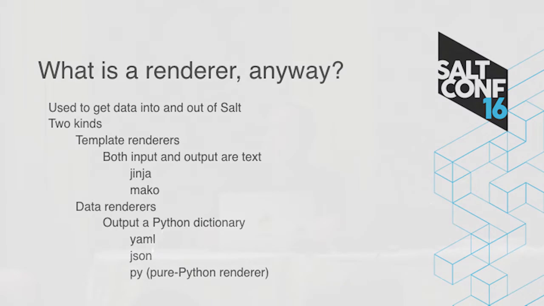There are 2 main kinds of renderers. Template renderers will always output a string. These are used to expand information into a bigger string, which is then processed by another renderer, which could be another template renderer, or it could be a data renderer. The template renderer that everybody's used to is Jinja.